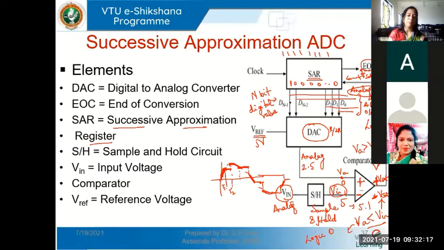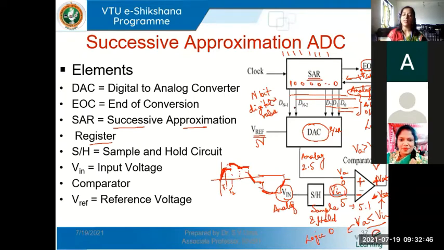After n clock cycles are completed, for each clock cycle, one bit will be made high, converted, compared, and again we will take care whether it should remain high or it should be made 0, and the next successive bit will be made high in the next clock cycle.